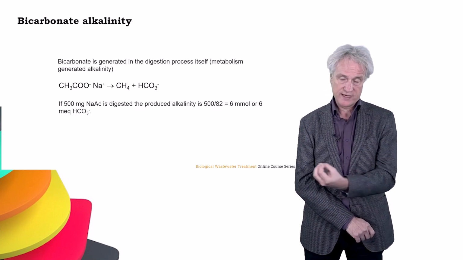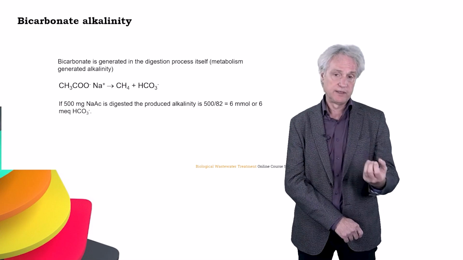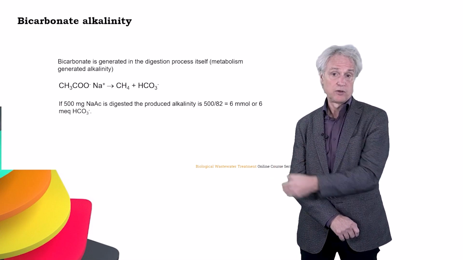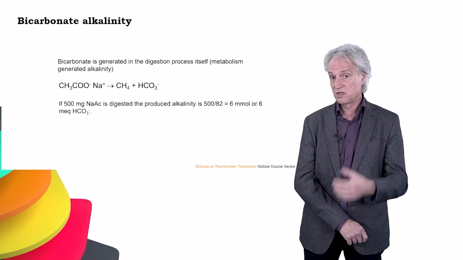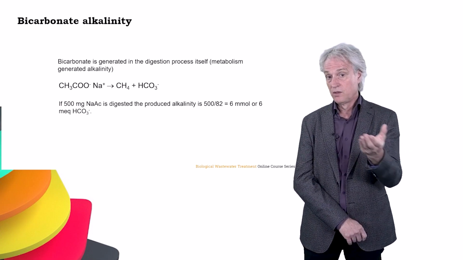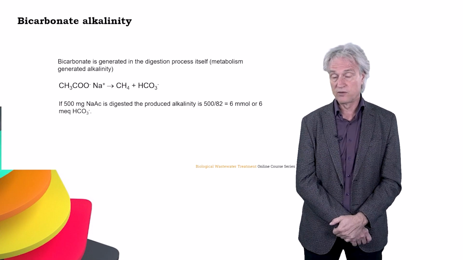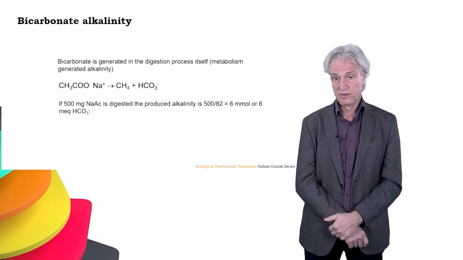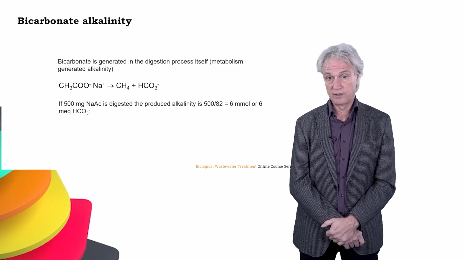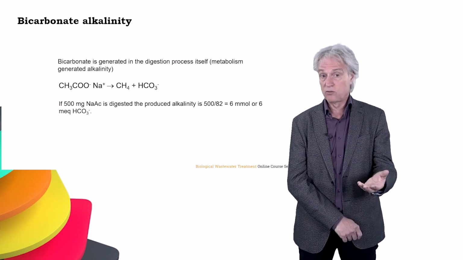The bicarbonate reacts with the water, and then we get CO2 plus OH minus. And that means if we're going to digest acetate to methane, the pH will increase. We generate our own buffer by converting acetate to methane. And in fact, you can calculate that.